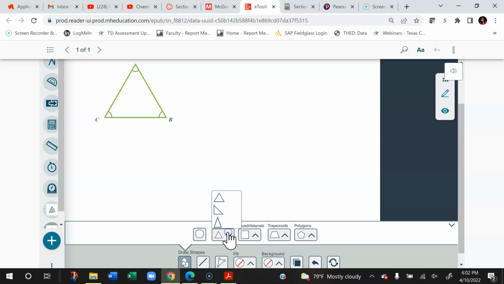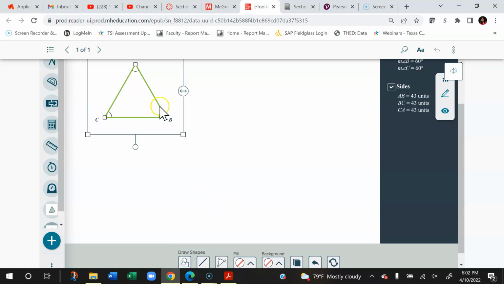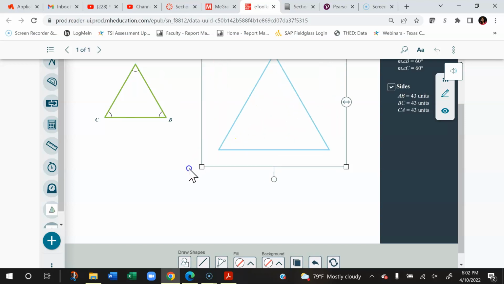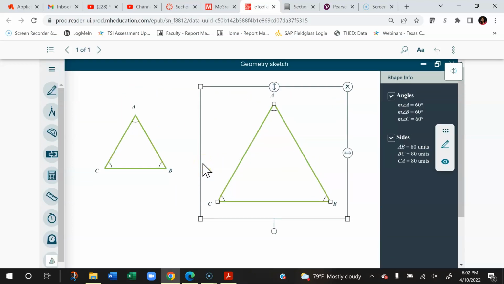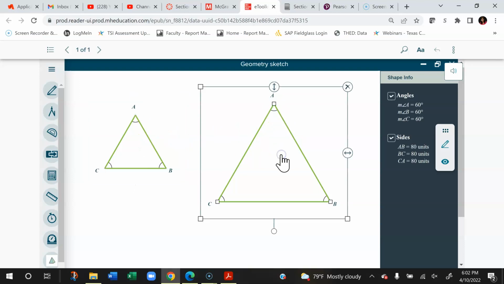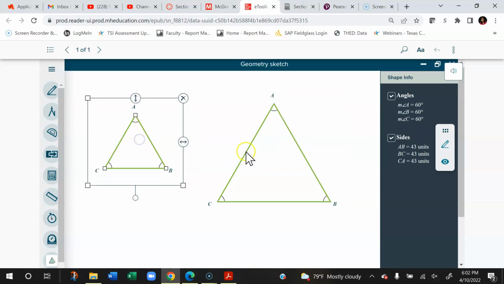If I did this, and let's do this, these are similar triangles because notice that the angles are the same, but the sides are not the same. So similar triangles are the same shape.